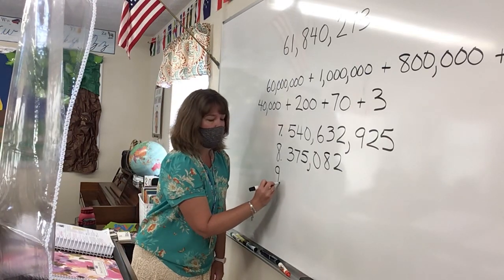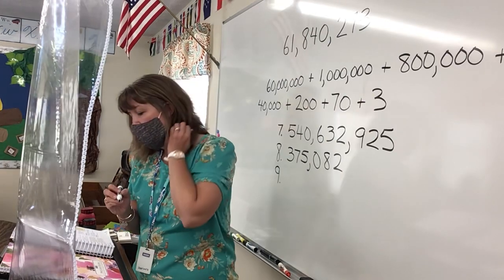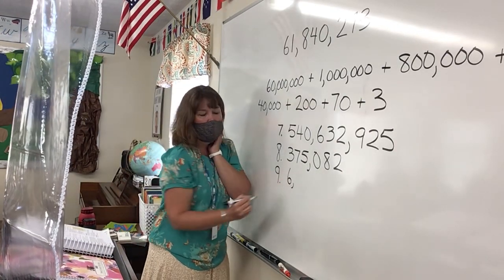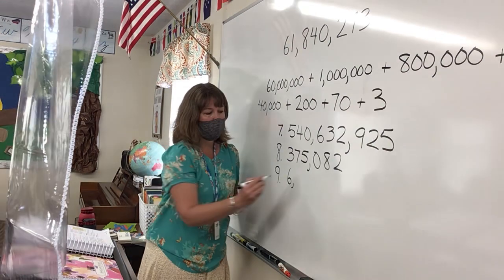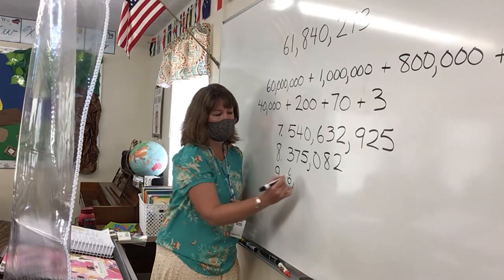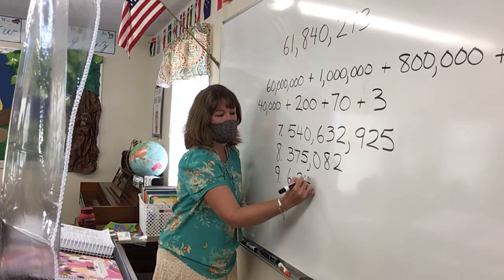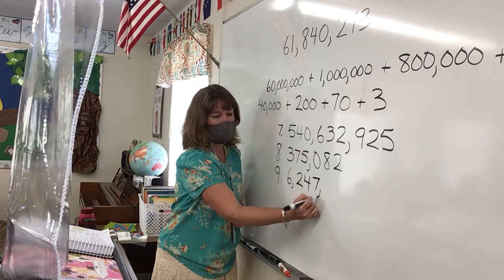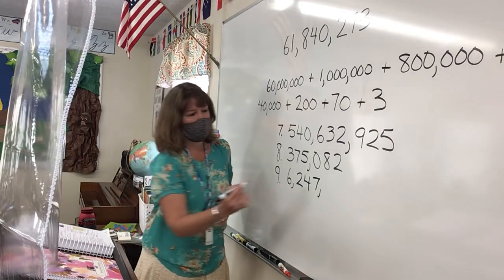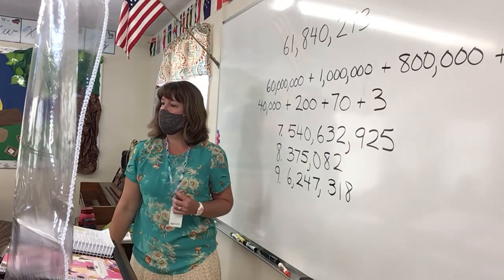And number 9, Alex. So it's 6,000,000,200. So 6,247,000, 318. Very good. Mason, did you have a question?